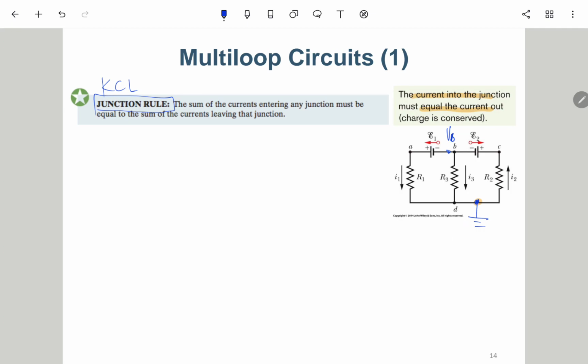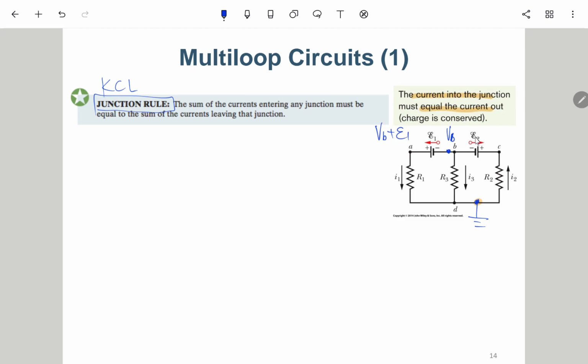Why? Because if we define this as VB, then this one is nothing but VB plus E1. E1 is a known value. When you try to solve a circuit, E1, E2, R1, R2, R3 should be known values. So if this is unknown, we add a known value, so this unknown value and this unknown value depend on each other.